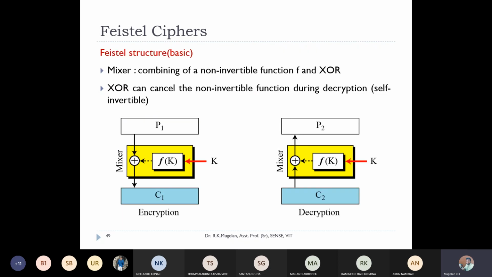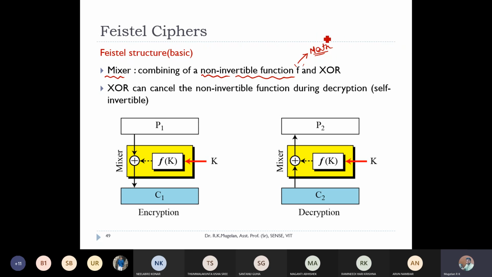To start off, we'll start with the very basic structure of a Feistel cipher. In this we have a mixer. This mixer is a combining technique where you're going to combine a non-invertible function, that is this function f. The letter f is a mathematical way, some algorithm, which is going to operate over the key.